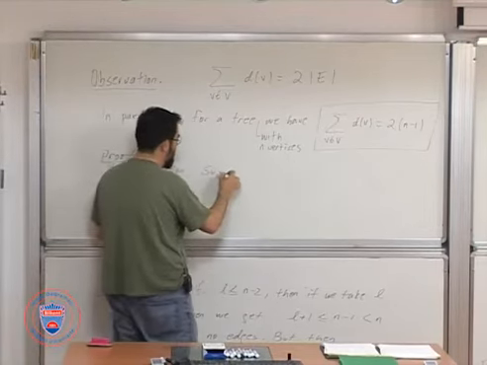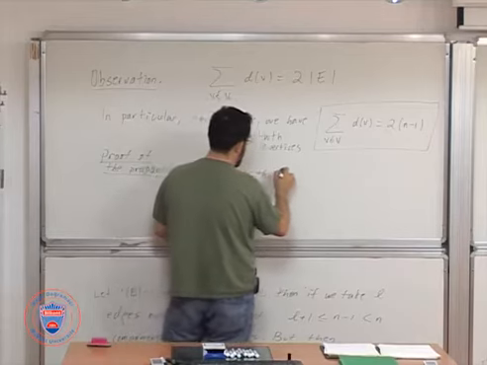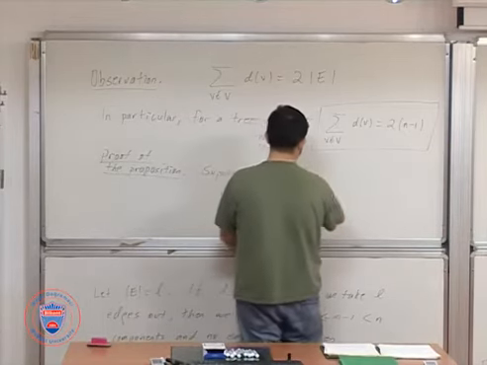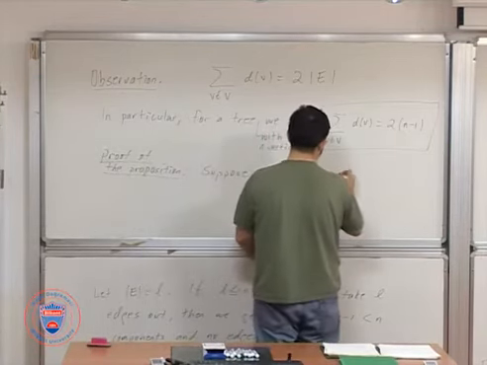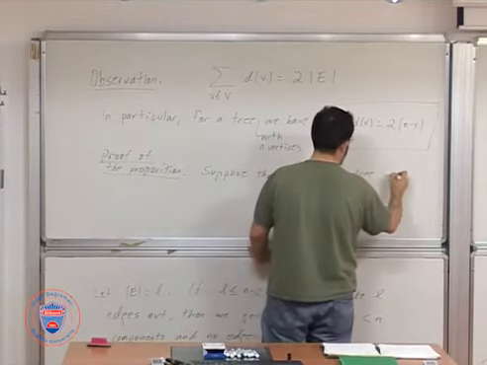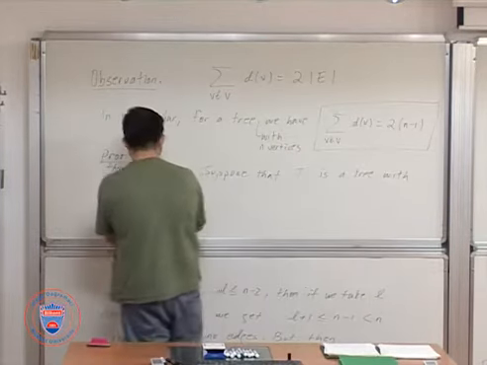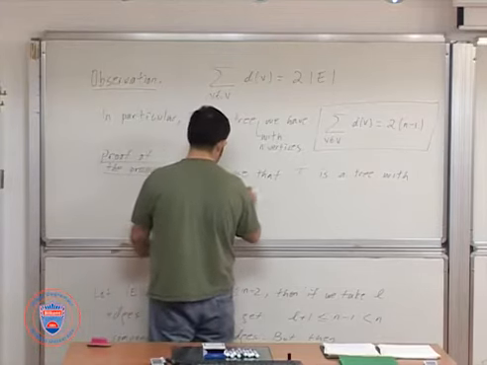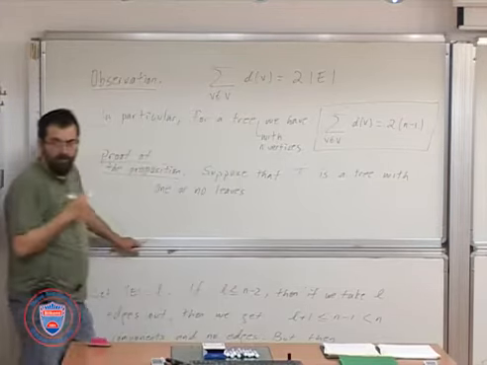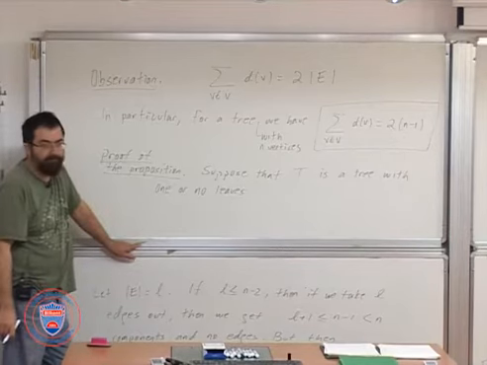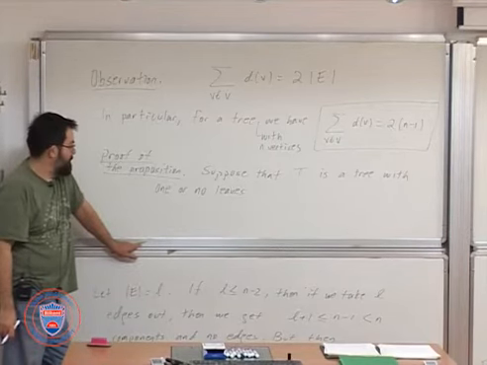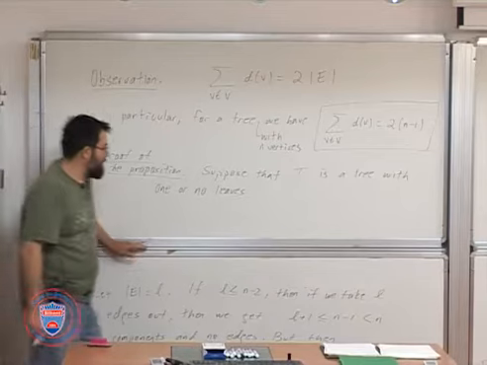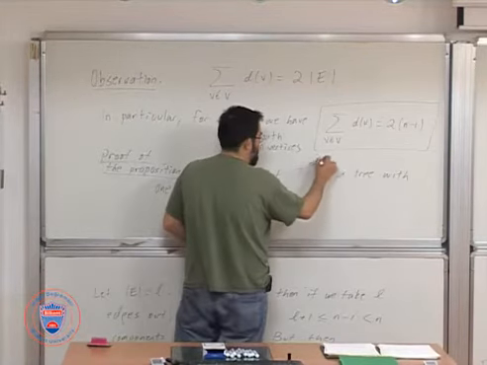Suppose that T is a tree with one or no leaves. You have either one or no leaves. So a tree has vertices and edges.